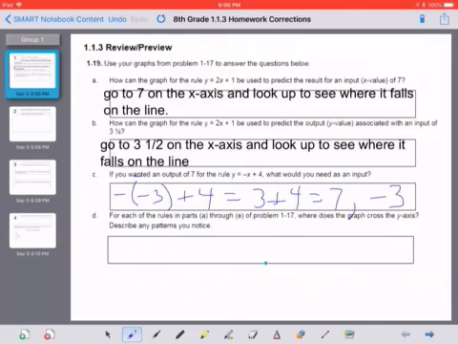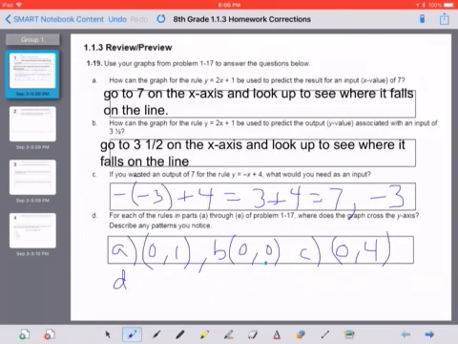So the point where it crosses the axis for each one: for graph A, it crossed at (0, 1). For B, it crossed at (0, 0). For C, it crossed at (0, 4).